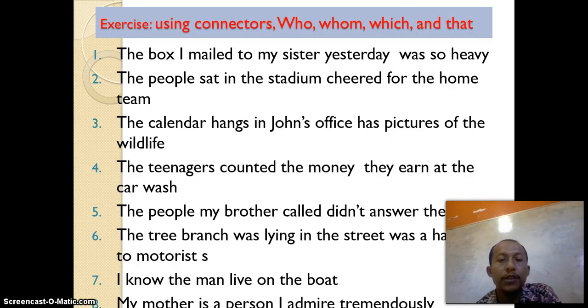The teenagers counted the money they earned at the car wash. So you have to use who, whom, which, or that. The box I mailed to my sister yesterday was heavy. This also refers to who, whom, which, or that.